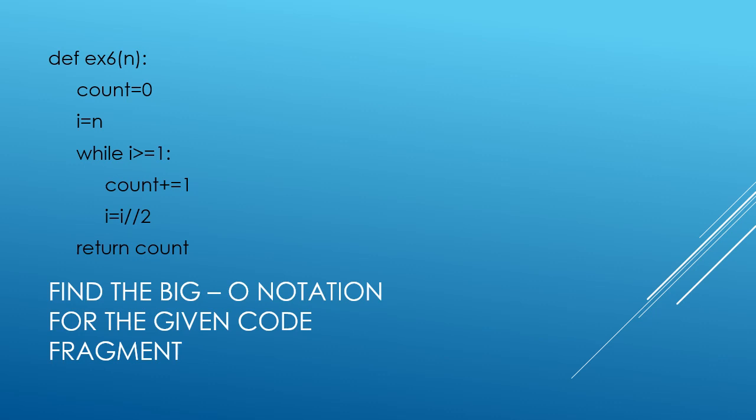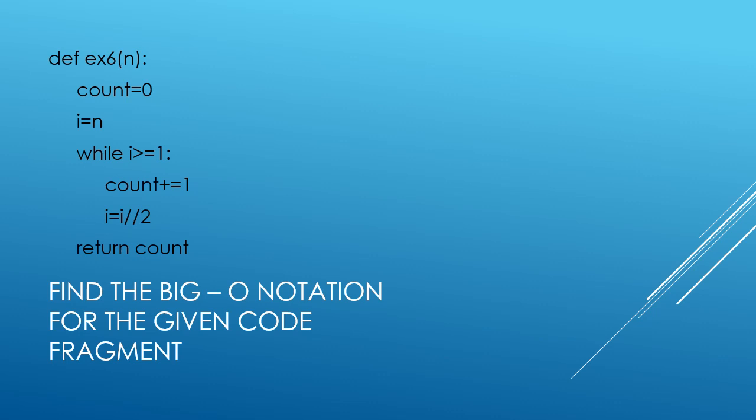Look at the body of the while. Count plus equals 1 is O(1), i equals i divided by 2 is also O(1). Consecutive statements, so O(1) plus O(1) is O(1). I can say that the complexity of the body of the while is O(1).